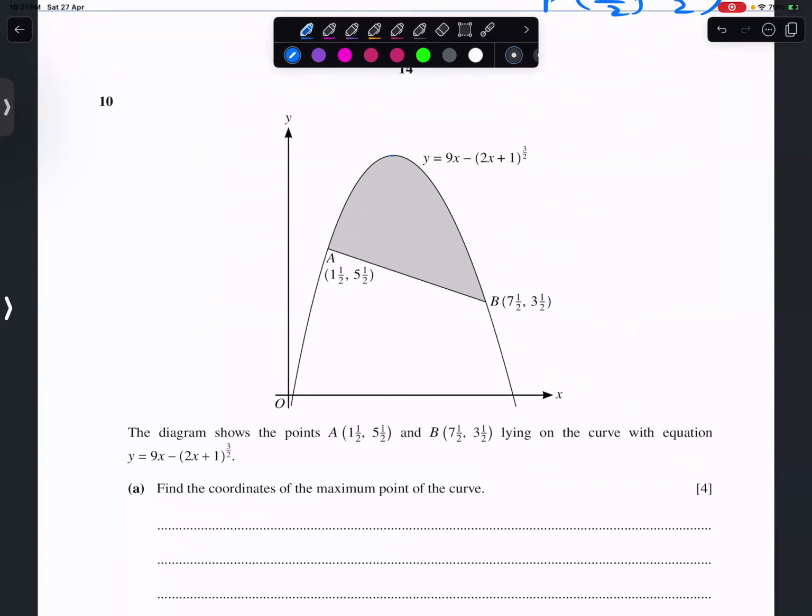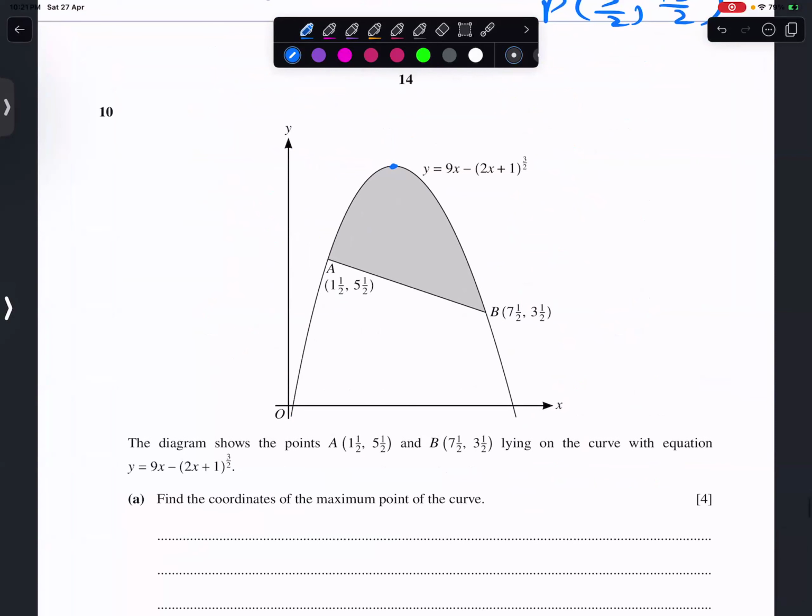So the maximum point is this one, students, how do we find it? You all know that for the maximum point we will take the derivative and then put it equal to 0. So dy by dx is 9 minus 3/2 into (2x plus 1) whole power 3/2 minus 1, which is 1/2, times 2. The 2 will be cancelled out.